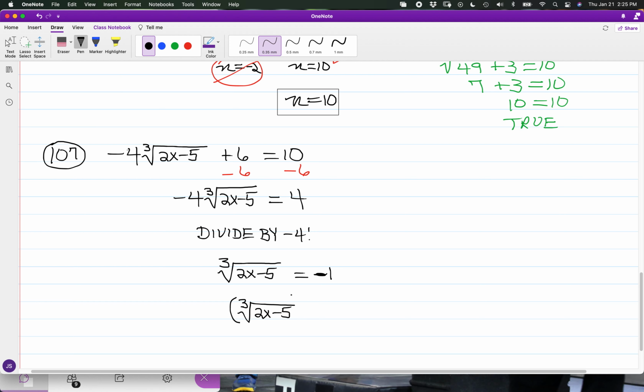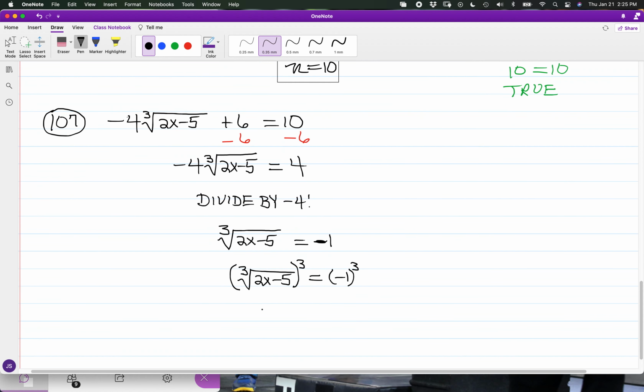So I have the cubic root of 2x minus 5. I'll raise to the third power, and I have equal to negative 1 also raised to the third power. So the left-hand side we're going to have 2x minus 5. Negative 1 to the third is still negative 1.